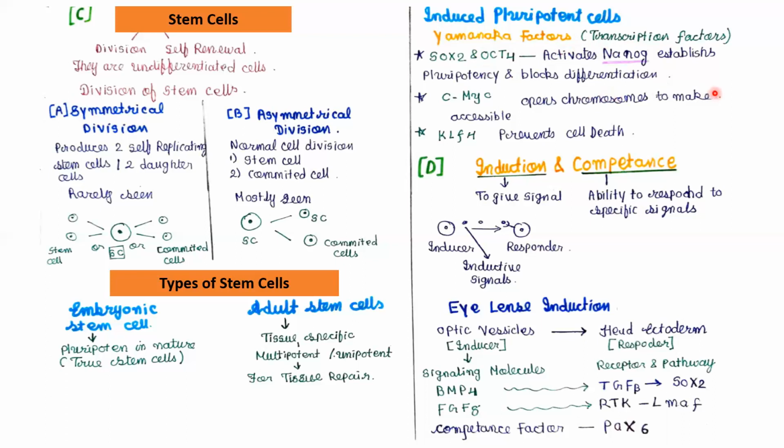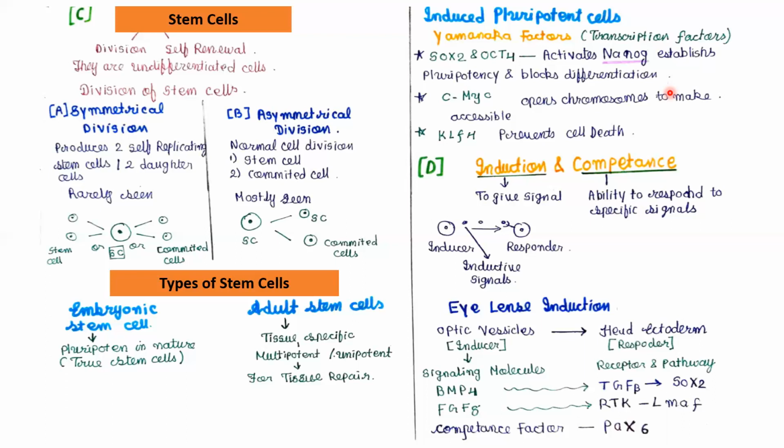Basically, they are transcriptional factors, and there are four major Yamanaka factors: SOX2, OCT4, CMYC, and KLF4. SOX2 and OCT4 mainly activate genes which establish pluripotency and block the differentiation of cells.